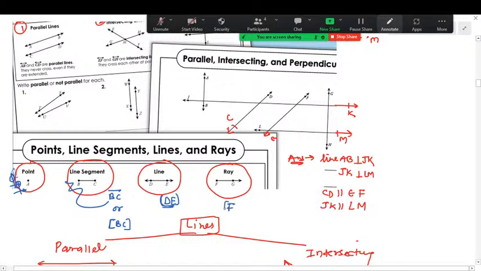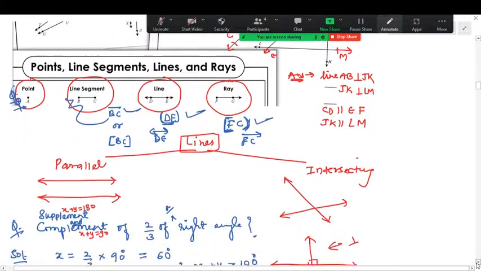A ray has one end fixed, but the other is not. Whichever end is fixed is represented using this, and the other using this. These are brackets that help us understand whether we are representing a line segment, line, or ray. Often we use this symbol as well, or you may use this symbol as well. Got it? Okay.